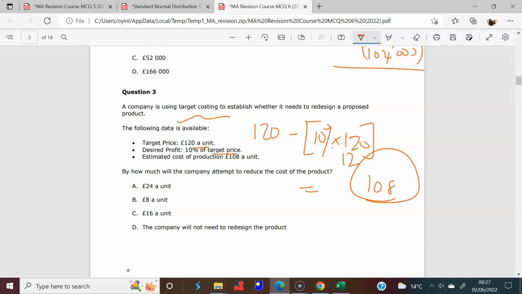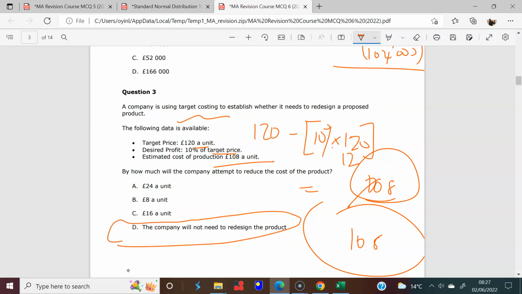This is our target cost. The estimated cost of production right now is 108, so this is perfect. You don't need to redesign the product. You're fine. Your whole aim is to shave costs off to bring down any issues. So here the answer is D. You don't need to redesign the product.